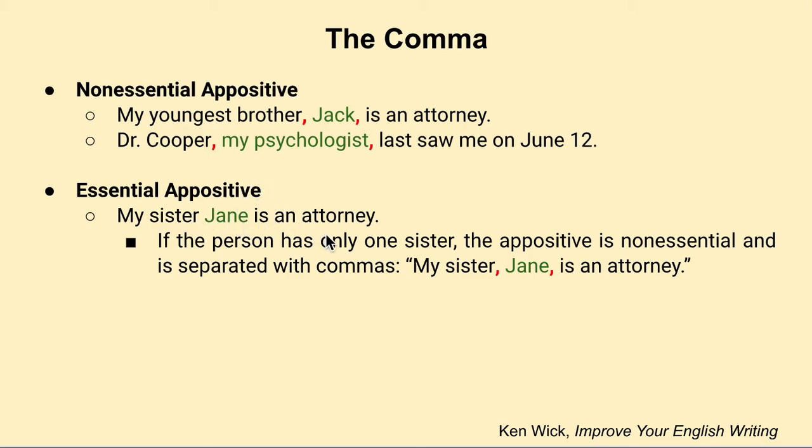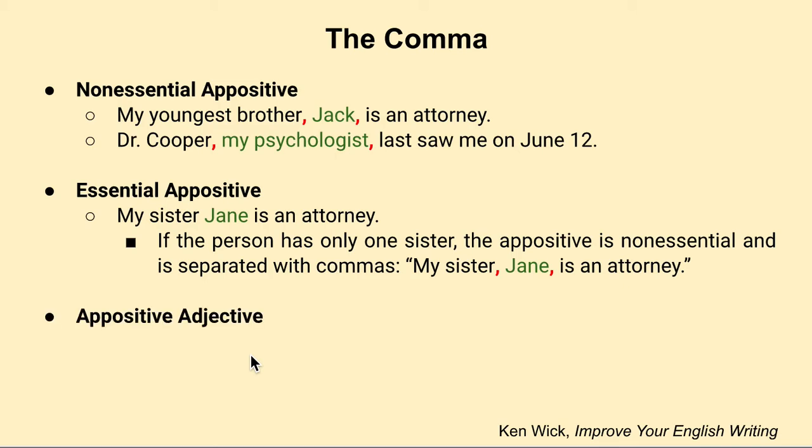But if the person only had one sister, we'd probably know that they only have one sister and who that sister is. Therefore, in that case it would be non-essential, and we'd separate it with commas. There you go. So a lot of times it depends on what the context is, but in this example the person has multiple sisters, therefore it is essential.